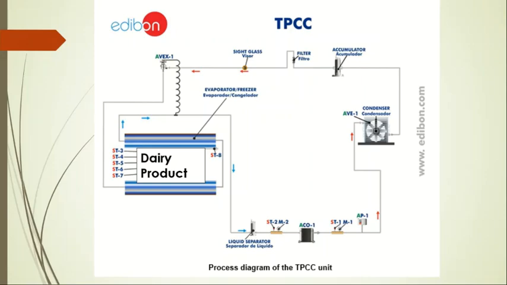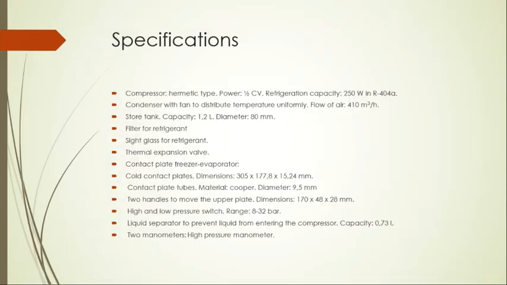So this is the complete cycle, and then we have these specifications, like the gas we are using in this refrigeration cycle is R404A, and these are the capacity of the storage tank, the maximum flow rate of the fan when you run the fan at 100% RPM, the thermal expansion valve, the plate dimensions, and liquid separators.